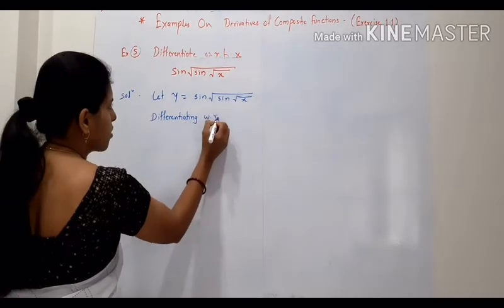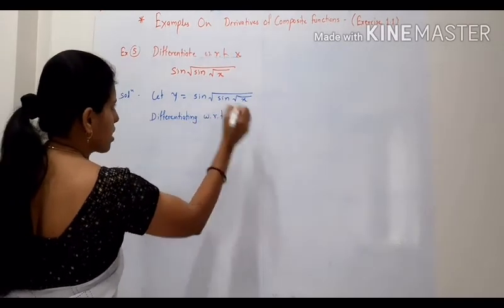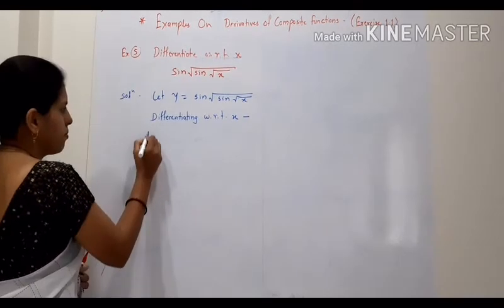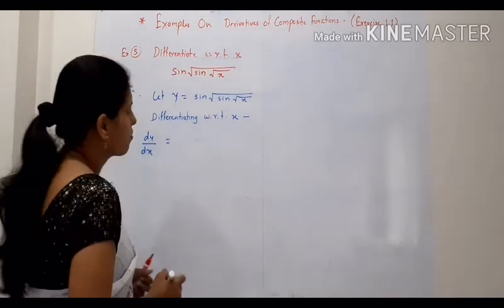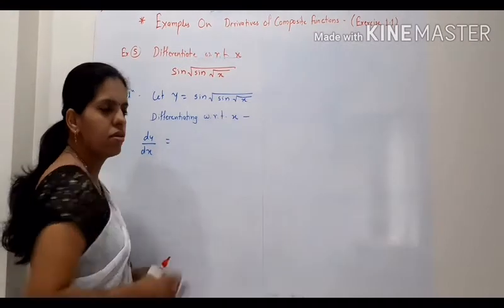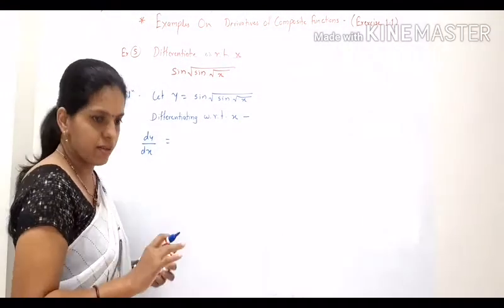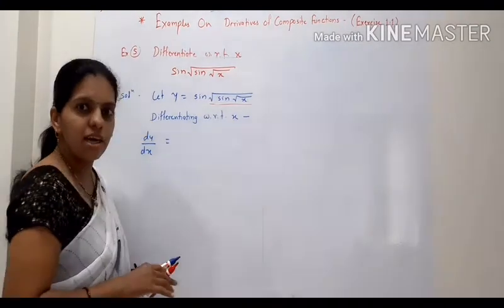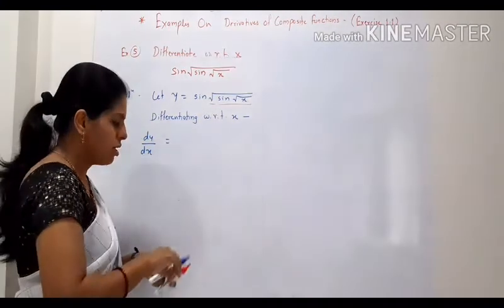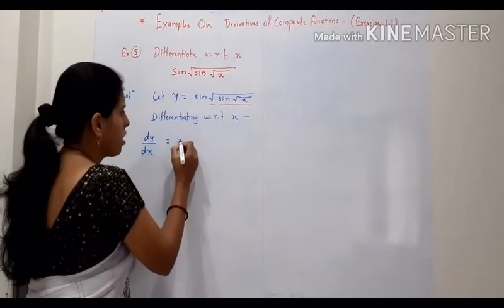Differentiating with respect to x on both sides. dy by dx is equal to the derivative of sin fx. Consider this as the fx in your mind and use the formula.